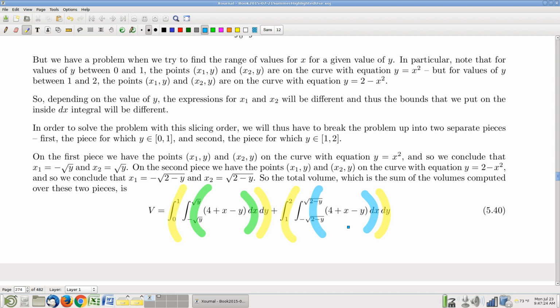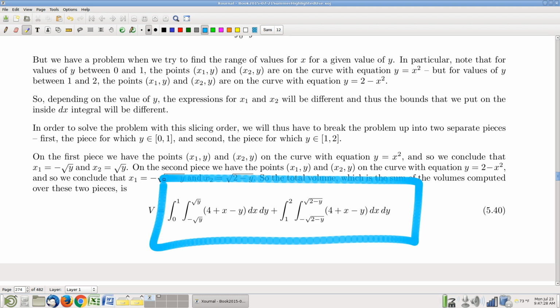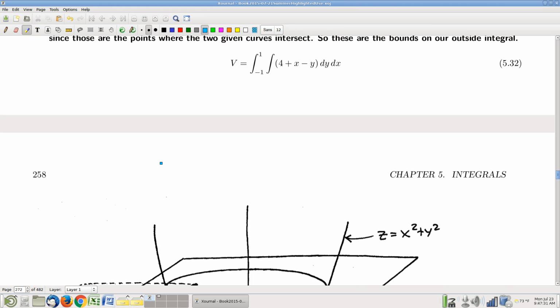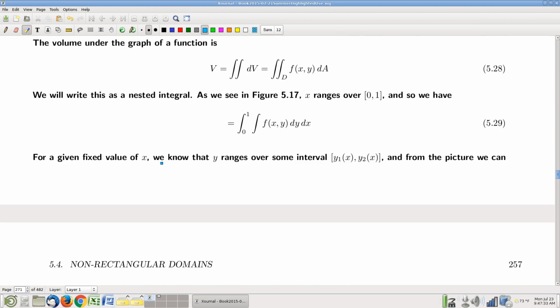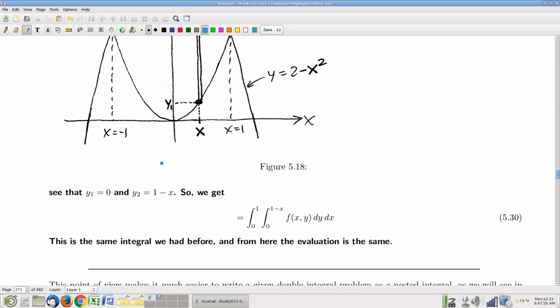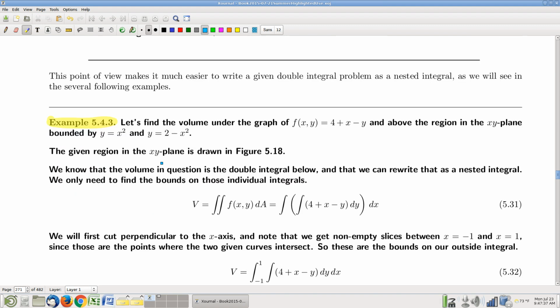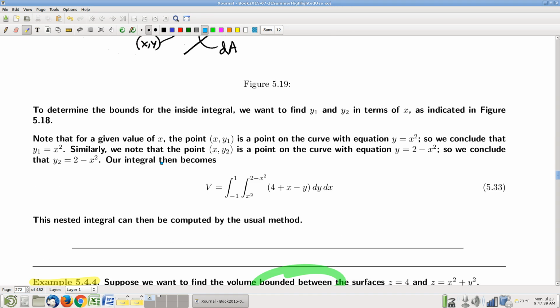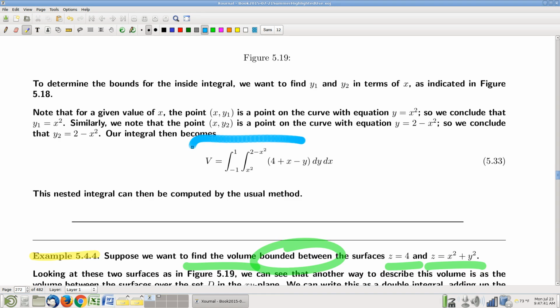So let's look now at this resulting alternative. The last time we looked at this question, that was the algebra we ended up with. There was our nested integral, and there's only one of them.